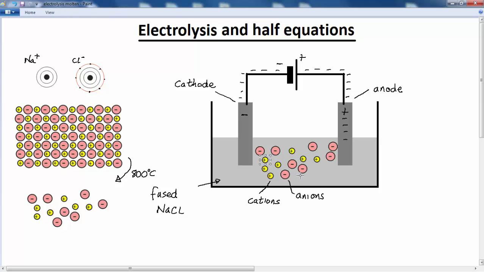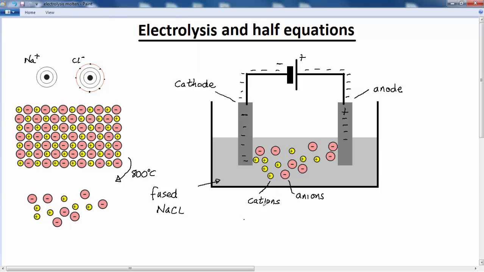Now, at the same time as the anions are giving their electrons to the anode, the cations, that's to say the positive sodium ions, are moving towards the cathode. And when they arrive at the cathode, they will collect the electrons that are flowing around the circuit. So what we can do is write an equation for the changes that are taking place at each of these electrodes.